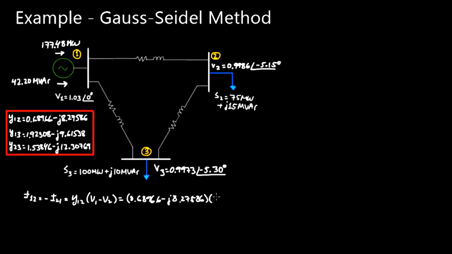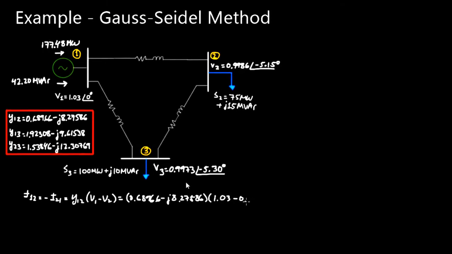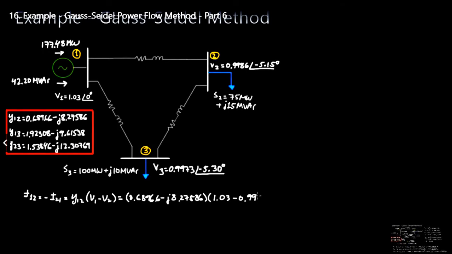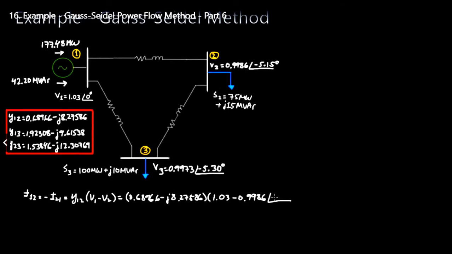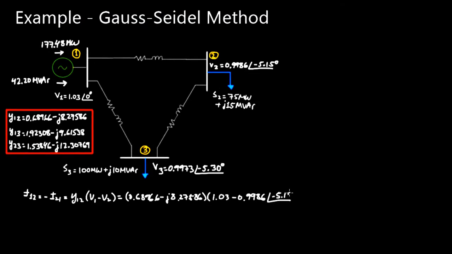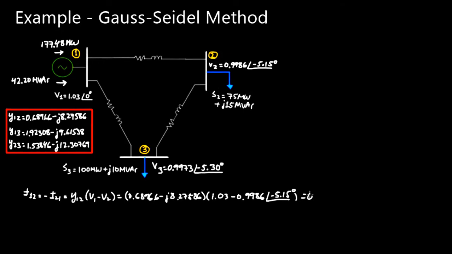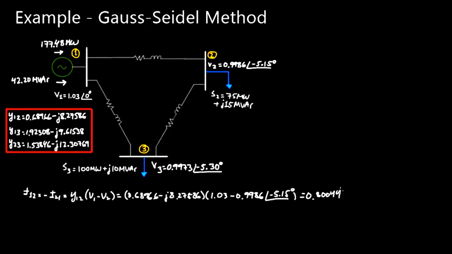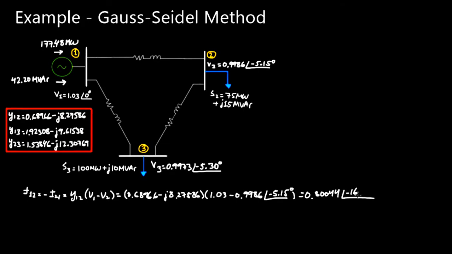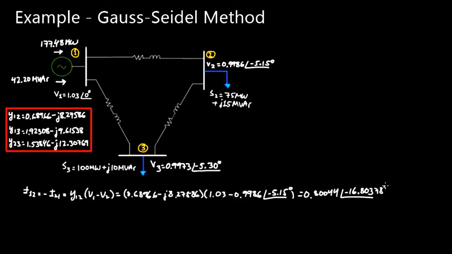V1 is the slack bus, so 1.03, minus V2, which is 0.9986 at an angle of minus 5.15 degrees. If I calculate this, I get that I12 is equal to 0.80044 at an angle of minus 16.80378 degrees.